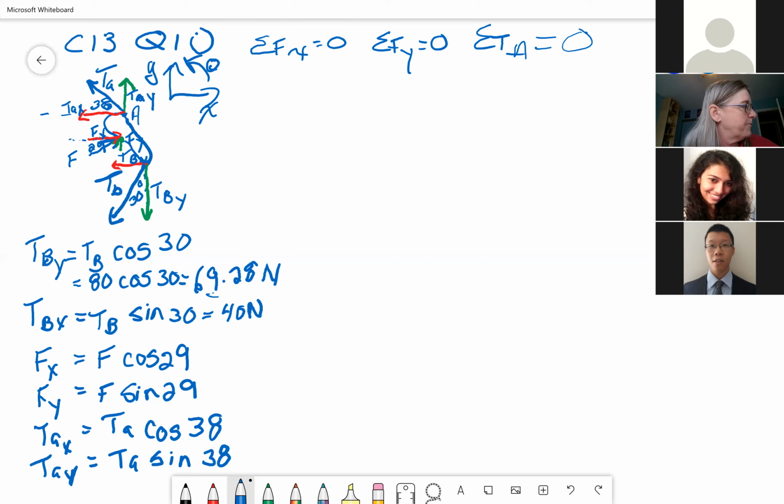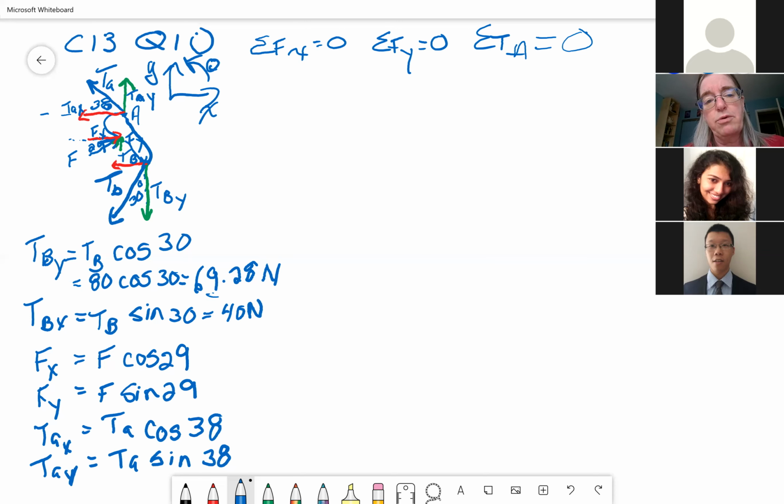Sorry folks, real life happens. When I use sine for my y's, for my F and my TA, and I used cos for my y in my TB, that is because if you go back to the drawing, the angle for TB is given with respect to the vertical.